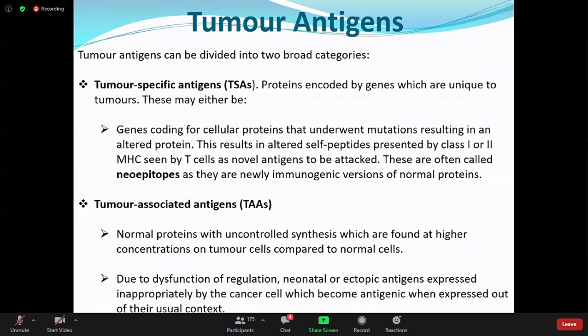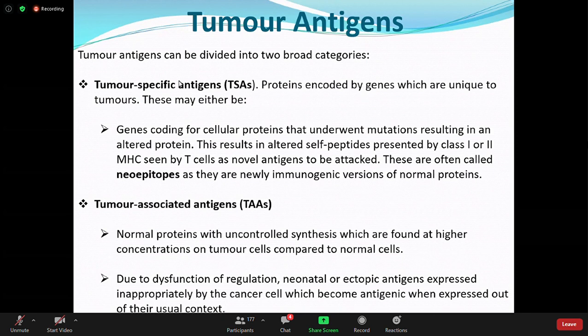It's very difficult to discover neoepitopes in humans because as soon as tumor cells arise expressing these neoepitopes, they're generally killed by the immune system. So it's only in the case where an actual tumor is developed that we can actually isolate these things and see what these antigenic sites recognized by anti-tumor cells are.